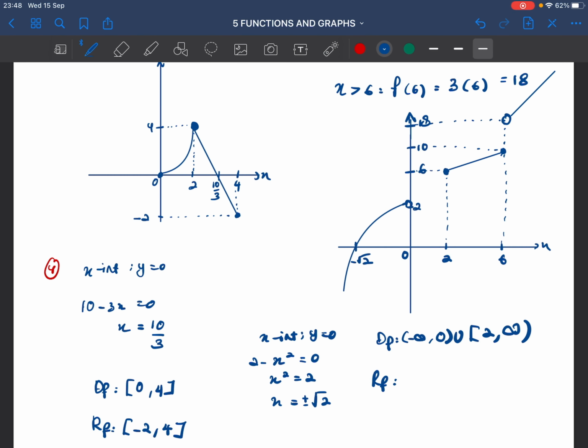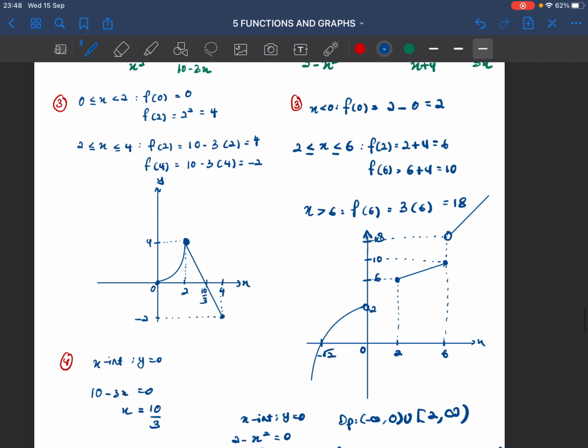Okay, 2 is open, negative infinity, 2 open. So sambung di 6 until 10, dua-dua close, 6, 10 close, and last one is 18 open to infinity. Union 18 to infinity. Alright, so that is your range and domain for piecewise function f(x).